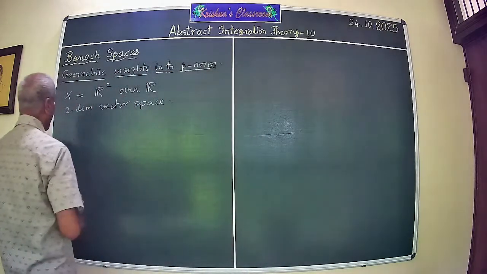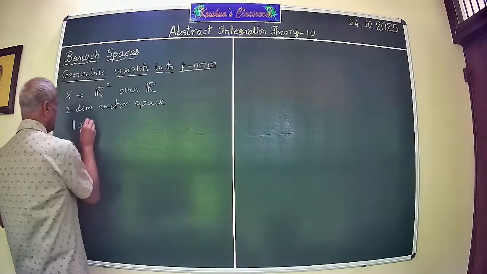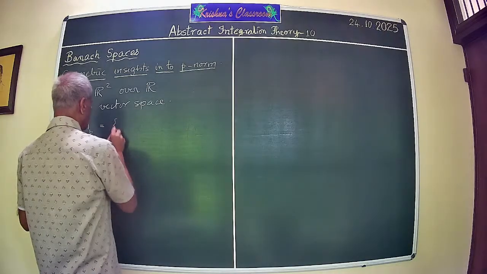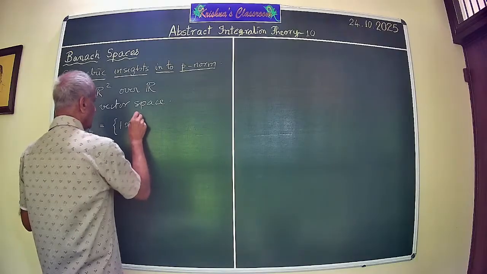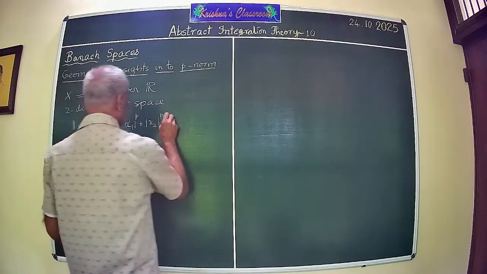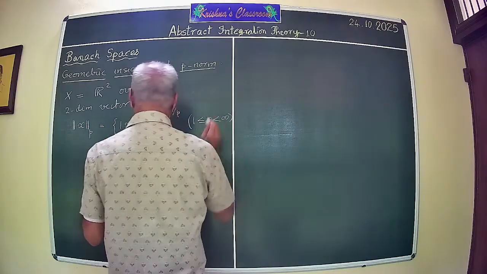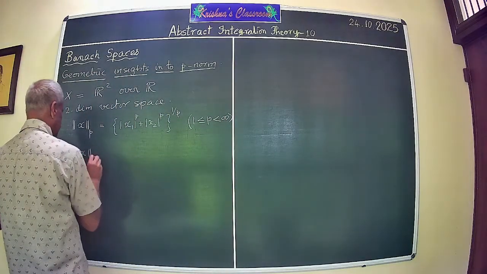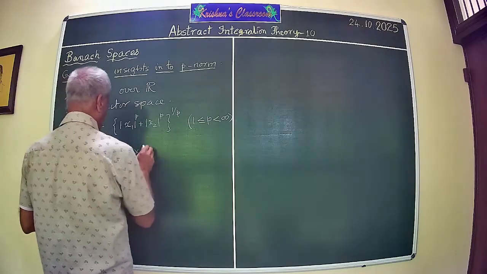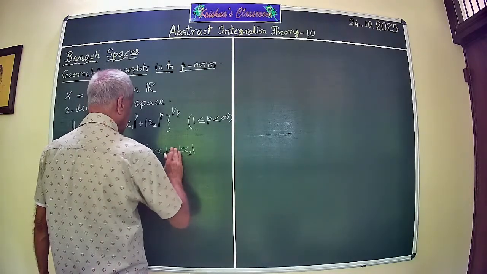And we define a class of spaces with the norm of x, the p norm, for 1 less than or equal to p less than infinity, and for p equal to infinity, the maximum of absolute x1, absolute x2.